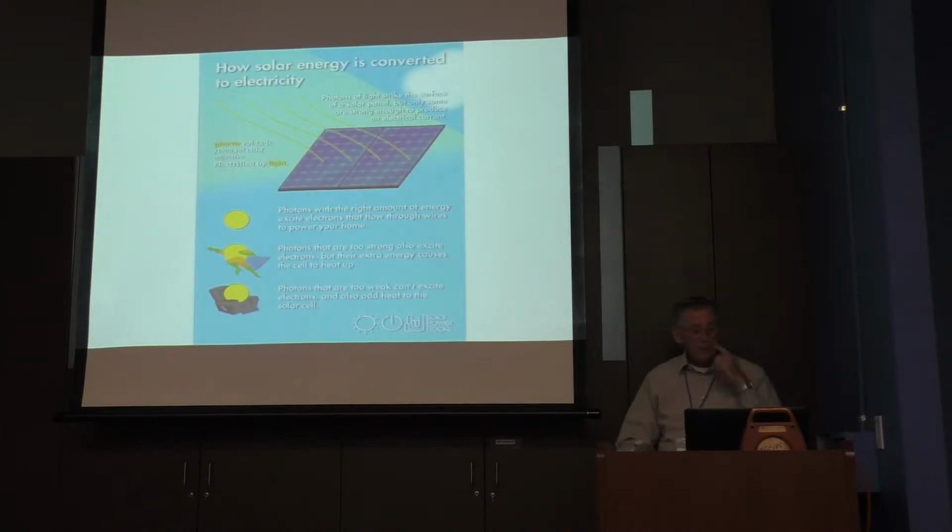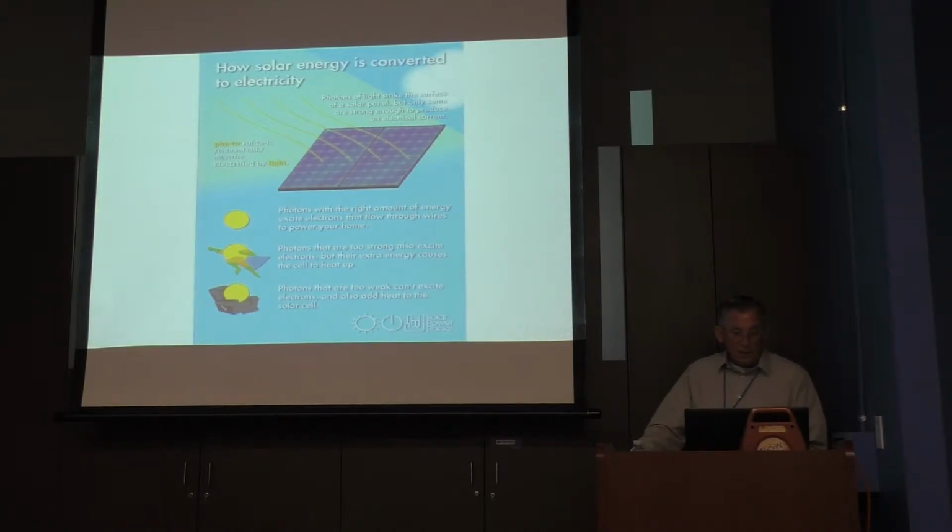This next slide shows how the photons are converted either into DC electricity or into waste heat, depending upon the photon energy. So photons with the right amount of energy excite electrons that flow through wires to power our homes.